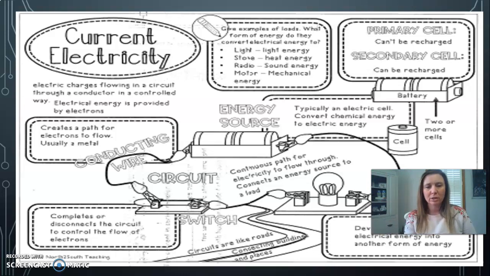So let's talk about our conductors, energy sources, and our load. First, typically, an electrical cell converts chemical energy into electrical energy. Chemical energy meaning that you have the metals in a battery. Sometimes you might hear them called an alkaline battery or sodium.